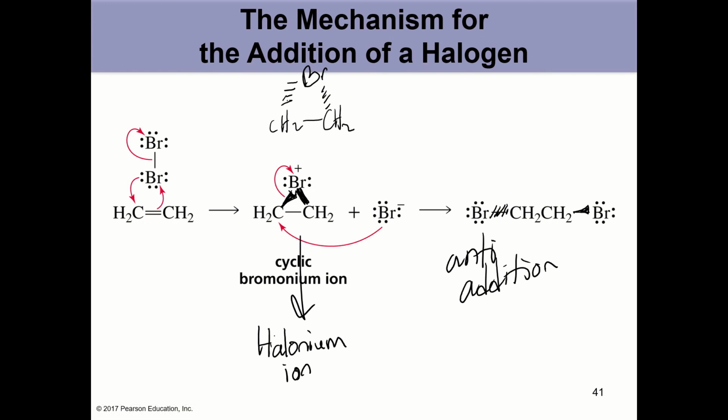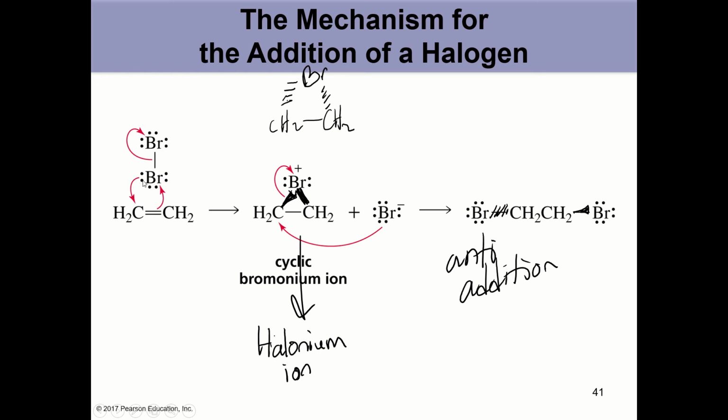Let's look at the mechanism for the addition of a halogen. I recommend you fill out your functional group notebook while we look at these slides. What occurs in the first step of the reaction is that the pi electrons of the pi bond will form one bond to bromine.